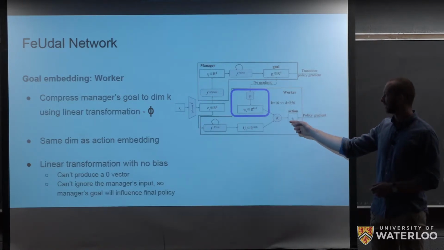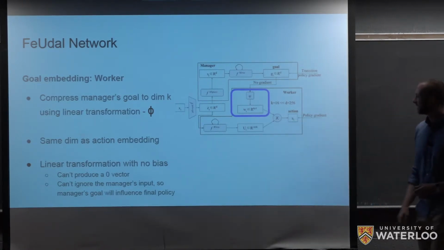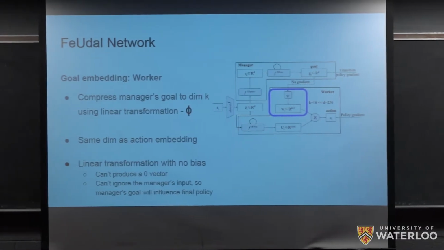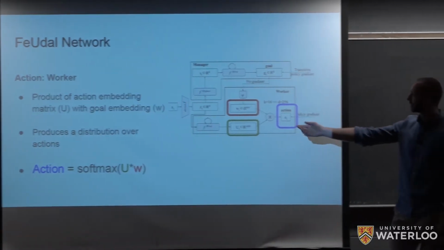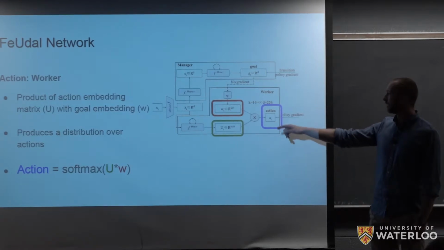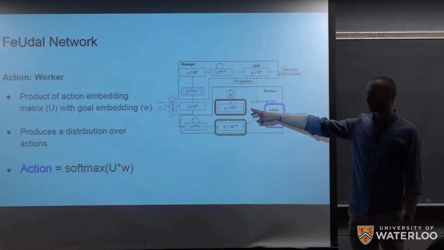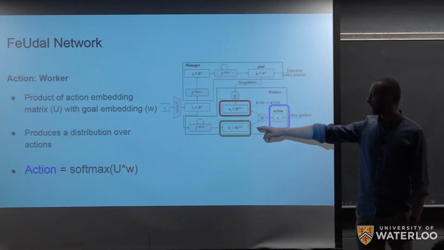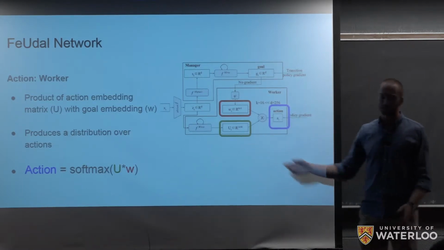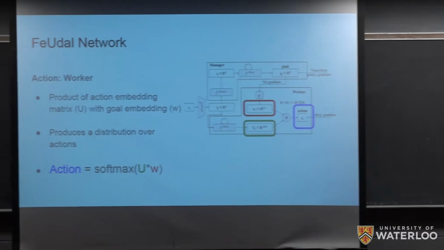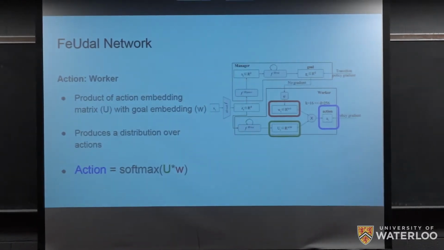You can't ignore the input. Just reiterating what I said, we multiply the goal embedding with the action embedding, and this produces an action. We can take the softmax of this and get our distribution over actions for the worker.